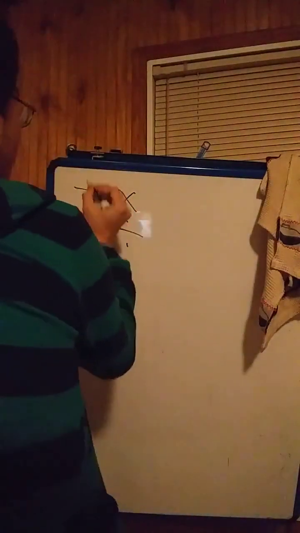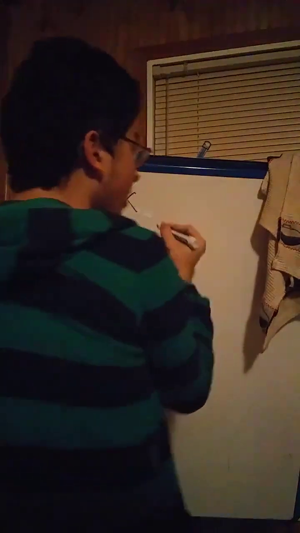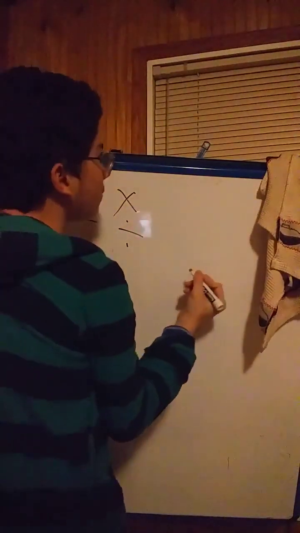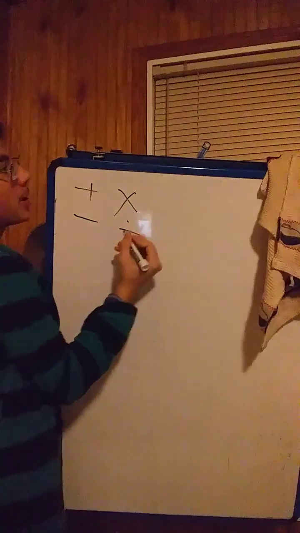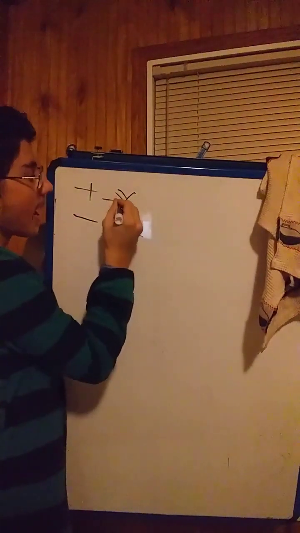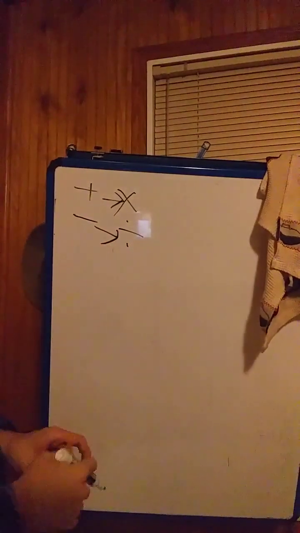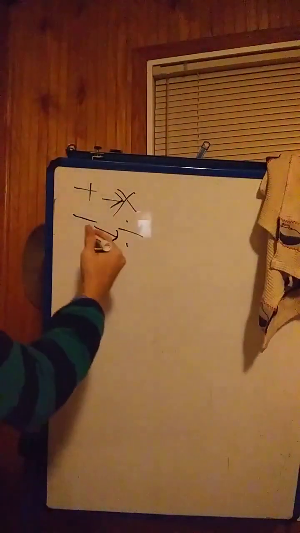If the two numbers are the same sign, regardless of any bigger number, then the answer would be positive automatically. So incredibly easy. So, 2 times 5 is, well, both of those are positive, so the answer would be a positive 10.